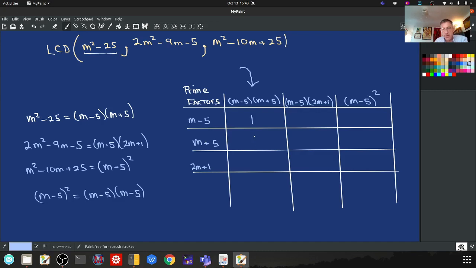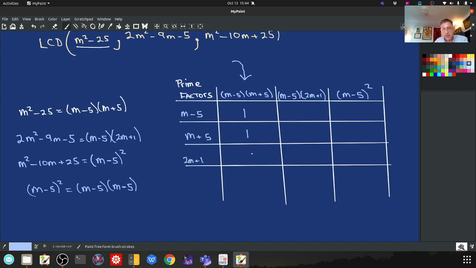M plus 5, there's 1. How many factors of 2m plus 1? Sorry, there's 0. How many factors of m minus 5 are in this term? 1. How many factors of m plus 5? 0.